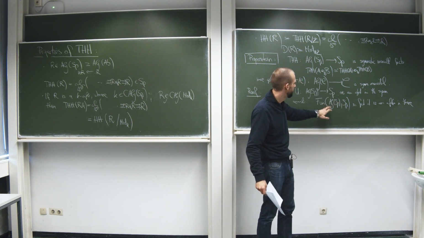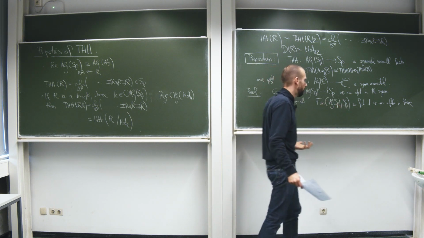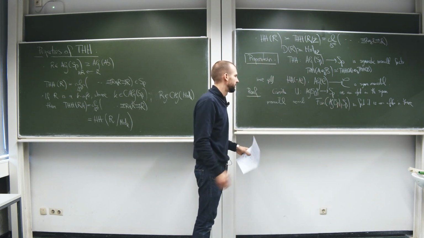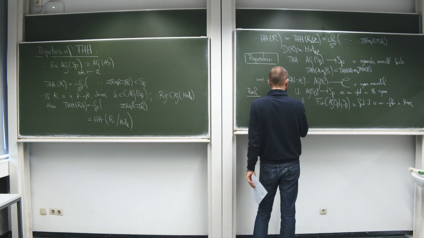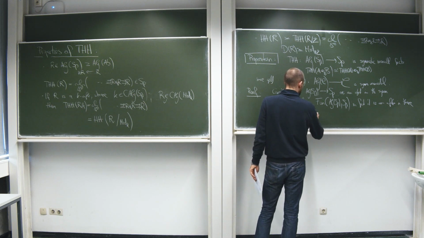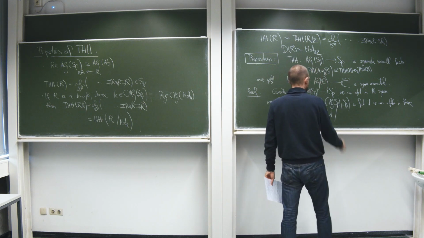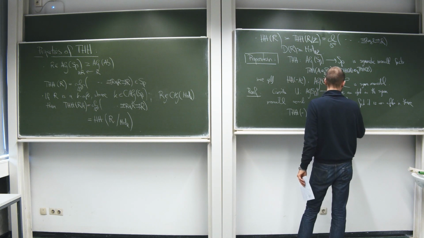Or at least it follows from that. And then THH as a functor is just Hochschild homology of that functor U relative to this functor category.